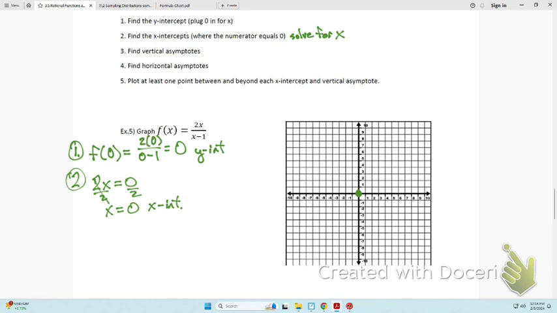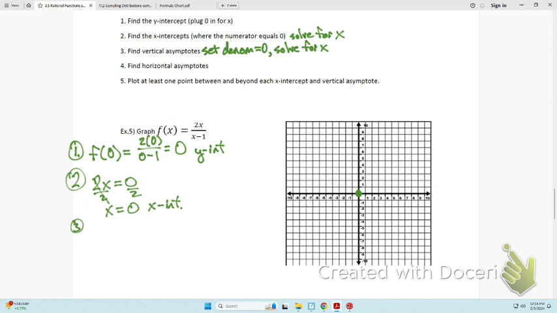Step 3, that's what we did on Friday, vertical asymptotes. You set the denominator equal to 0. Solve for x. Many times this means factoring. Sometimes it can't be factored, so you just solve it. Could mean quadratic formula. However you solve it, that is what the vertical asymptote is.